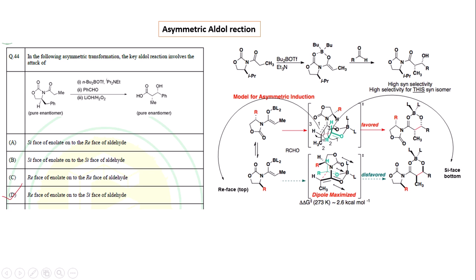One is the top face of the enolate, another is the bottom face of the carbonyl in the Zimmerman-Traxler model in the cyclic chair-like transition state.